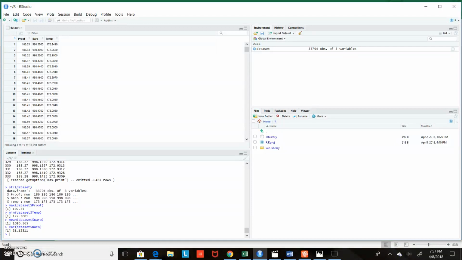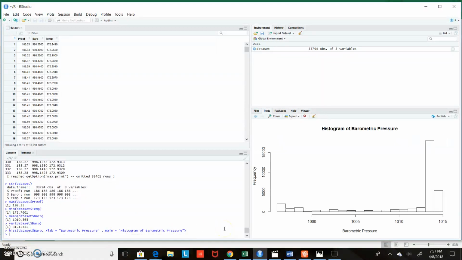So what we want to do now is see where that lies. Where is the frequency distribution? So we're going to take a histogram of our barometric data. Here we're looking at our data set of barometric pressure, and for our x-axis we're going to label it barometric pressure, and for the main title we're going to say histogram of barometric pressure.